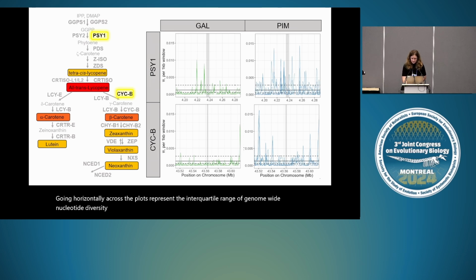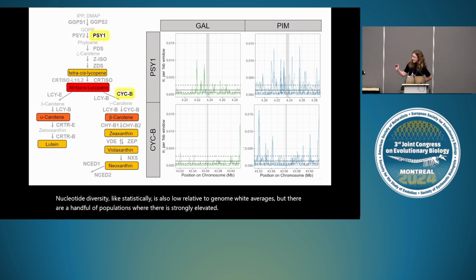What is important here is that in Galapagense, looking at those plots on the left, nucleotide diversity is low relative to the genome-wide median, especially in Psych-B, which is suggestive of historical selective sweeps. In Pimpinella folium, comparatively, nucleotide diversity is also statistically low relative to genome-wide averages, but there are a handful of populations where there is strongly elevated nucleotide diversity.